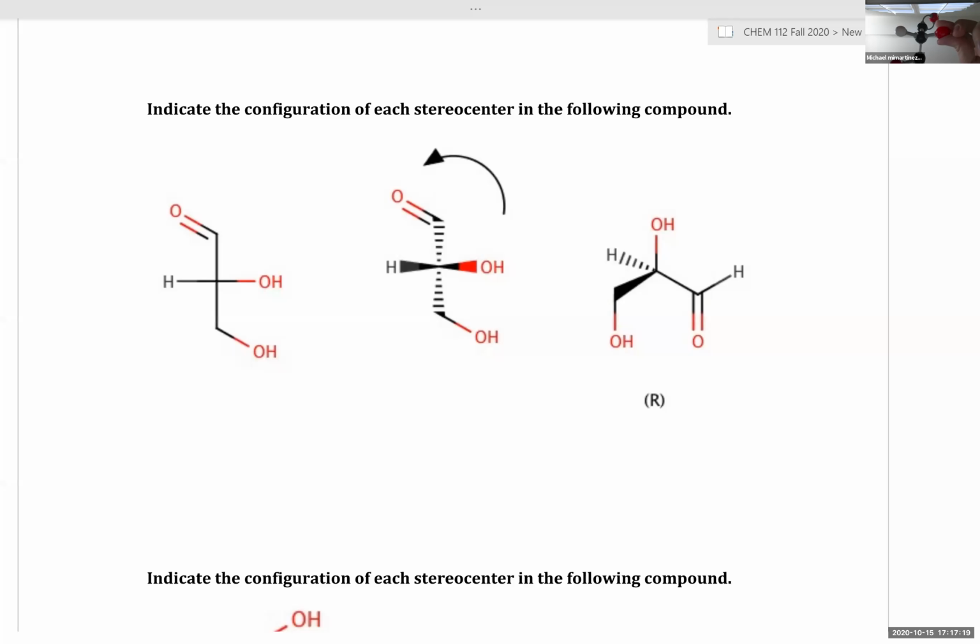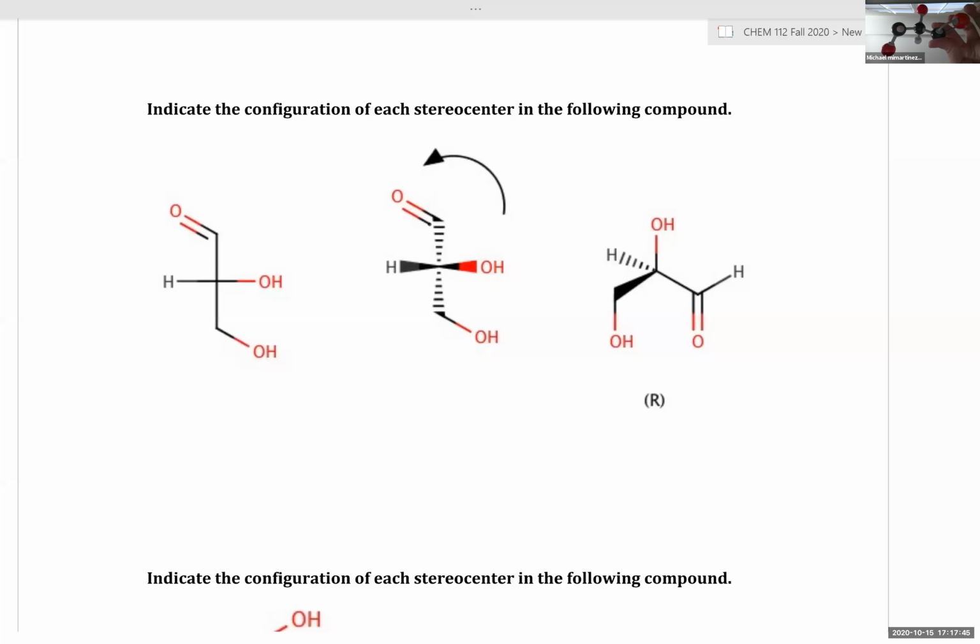So what we're going to do now, just like always, is rotate our molecule so the hydrogen is in the back. Okay, now that we've rotated our molecule so the hydrogen is in the back, we're just going to draw what we see.